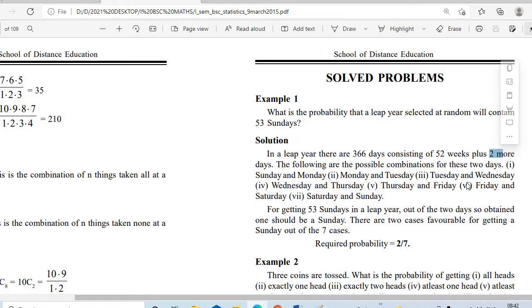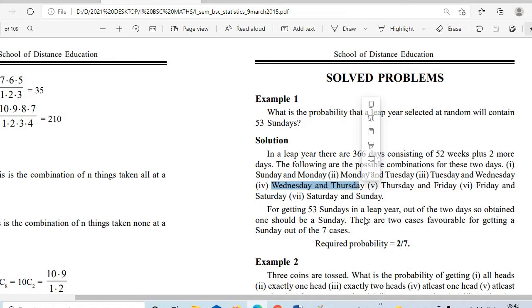And what are the possibilities for those days? It may be either Sunday Monday, or Monday Tuesday, Tuesday Wednesday, Wednesday Thursday, Thursday Friday, then Friday Saturday, Saturday Sunday. So these are the possibilities, 7 possibilities.